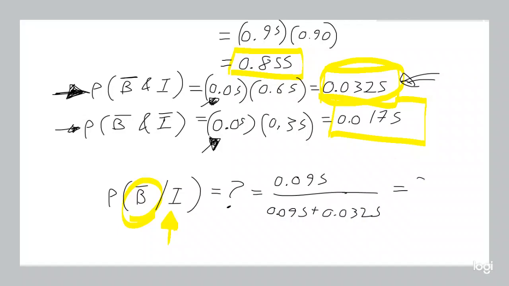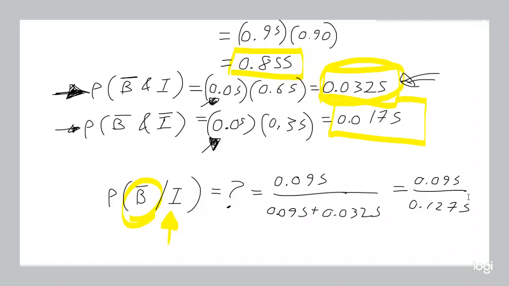What we get is 0.095 divided by 0.1275. That 0.1275 is the portion of all outcomes where an injury occurred.